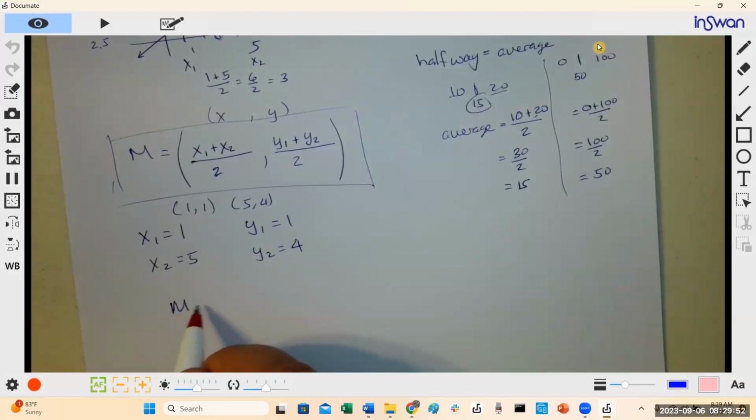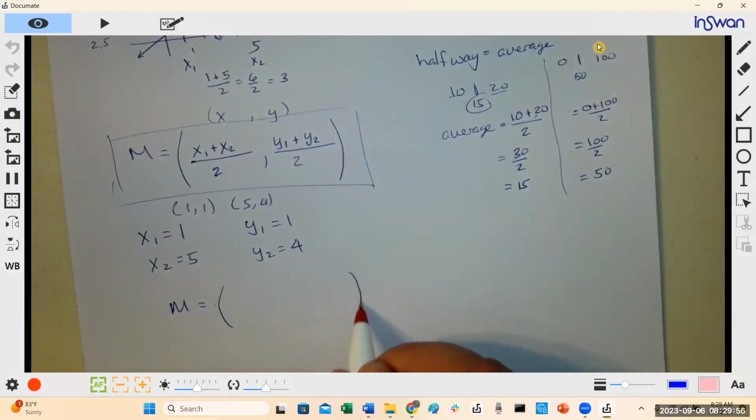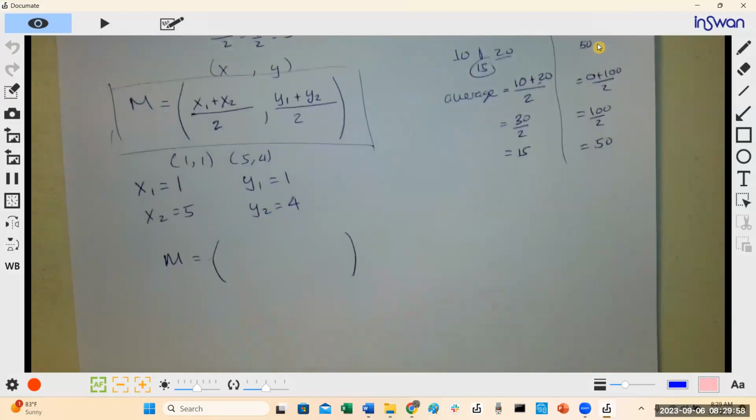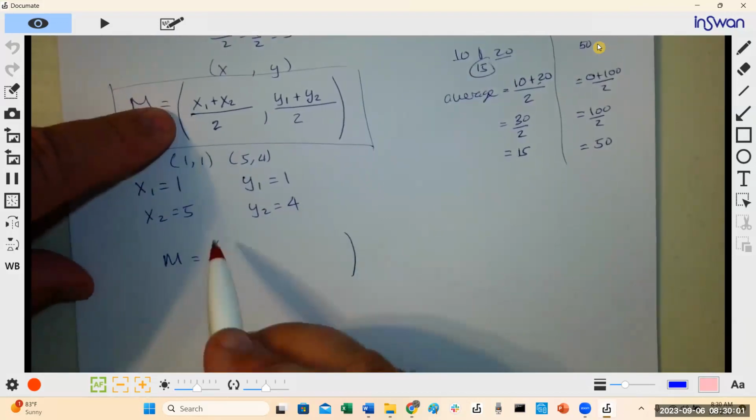The midpoint. So write down the formula.